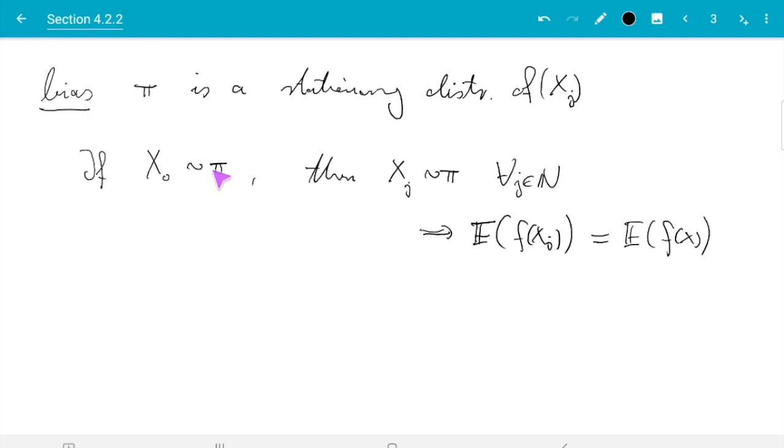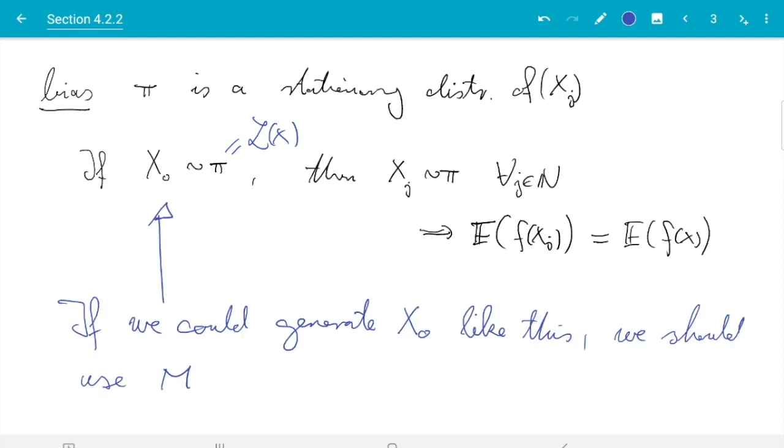We should do that then, because for a Monte Carlo estimate we need samples distributed according to pi. That was how Monte Carlo estimates work. So if we could generate x0 like this, we should use Monte Carlo estimation instead, because we will see later that is more efficient and has easier theory, but only if we can generate the samples.